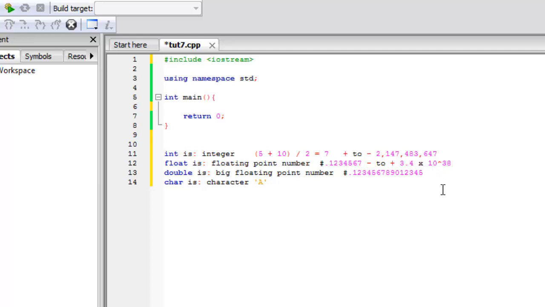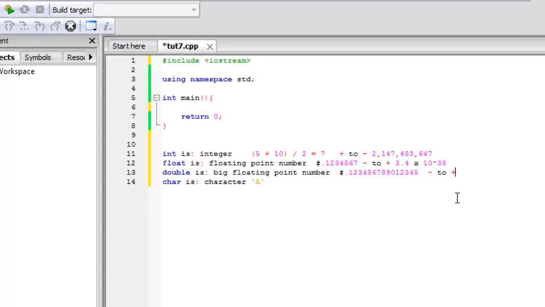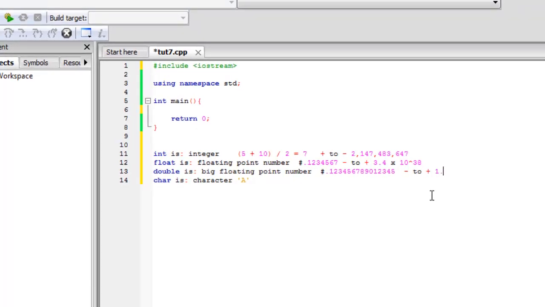Well, a double is negative to positive 1.7 times 10 to the 308, okay? So that's 1.7, and then add 308 zeros, and then put your decimal place, okay? As you can see, that's significantly larger than 3.4 times 10 to the 38, which has 38 zeros after. This has 308 zeros after, okay? So you can see that's the range of the numbers.